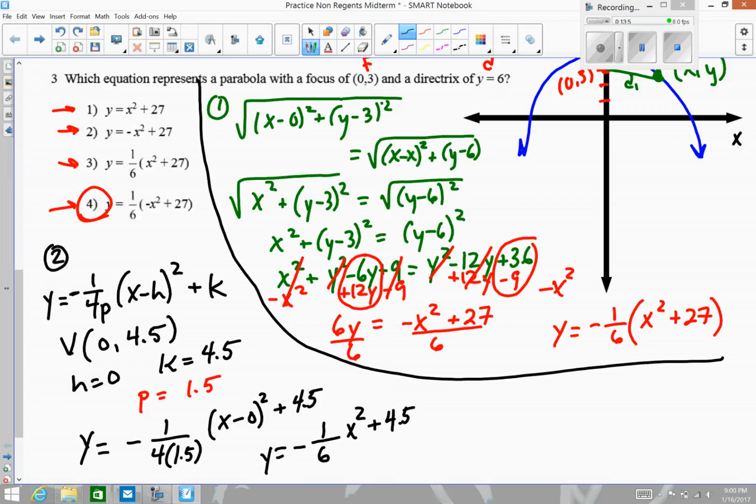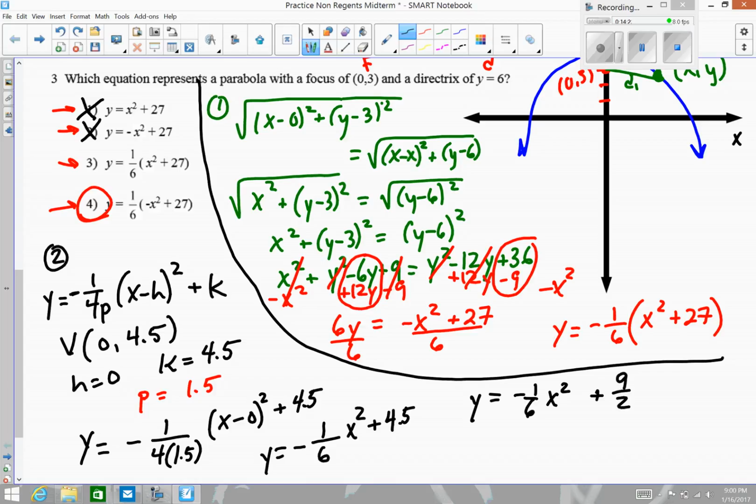Now this is an equation that's in standard form. Does not match the standard form equations in my choices number 1 or 2, so I know that those aren't my answer. But if I didn't already know the choice answer was 4, I would need to rearrange this equation, and I would just rewrite this up here. 4.5, I'm going to change to a fraction value of 9 over 2.